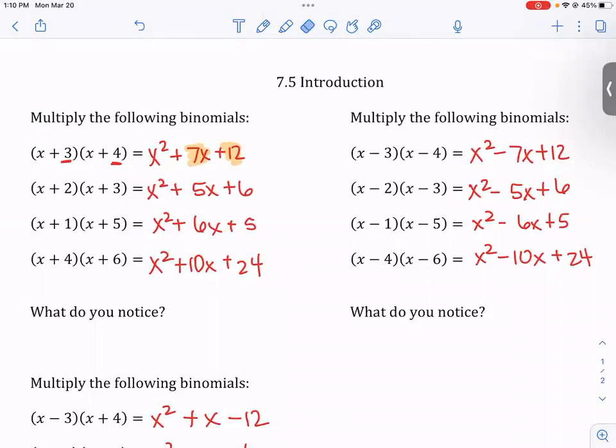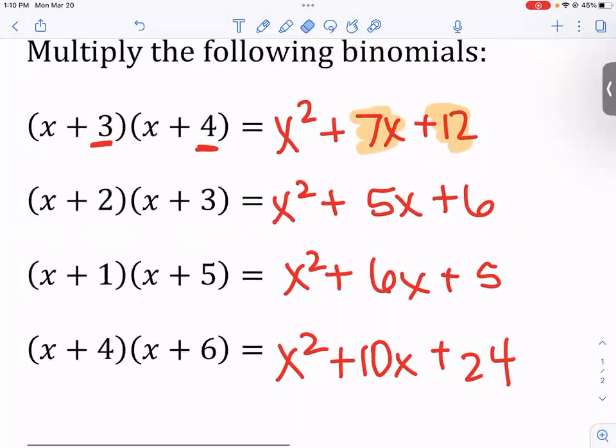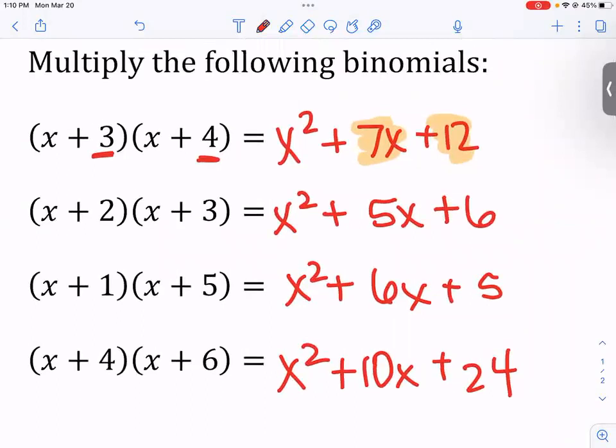Did you find a relationship with the 3 and the 4 and the 7 and the 10? Okay, good. And what else did you figure out? Like these two are both positive, we make two positives, these two are negatives, let's make it positive. Okay, I like that.